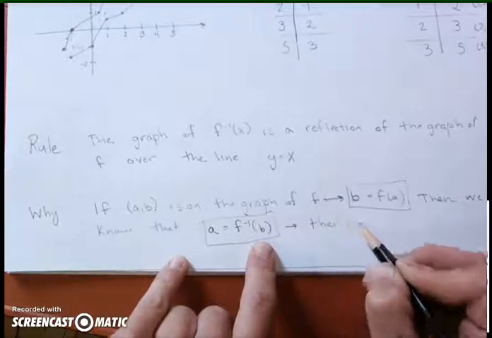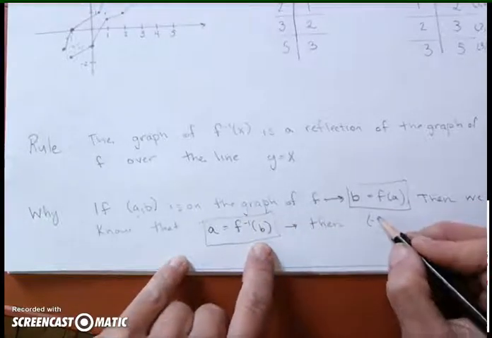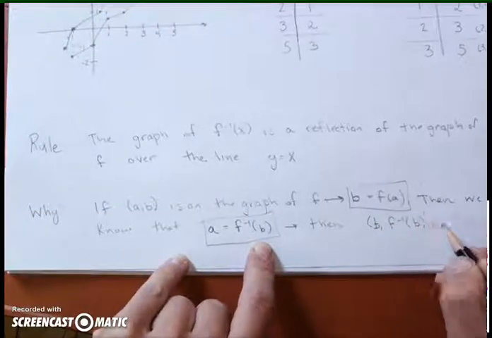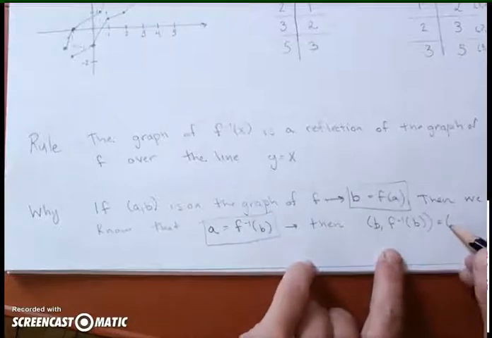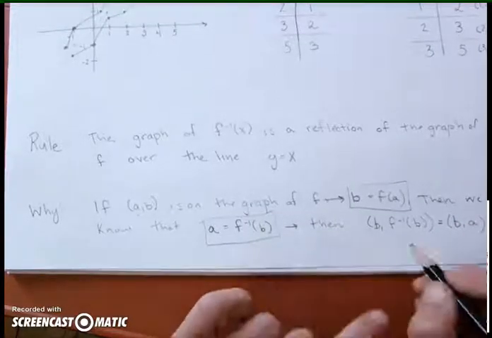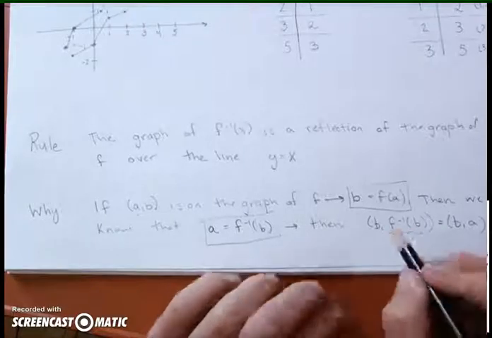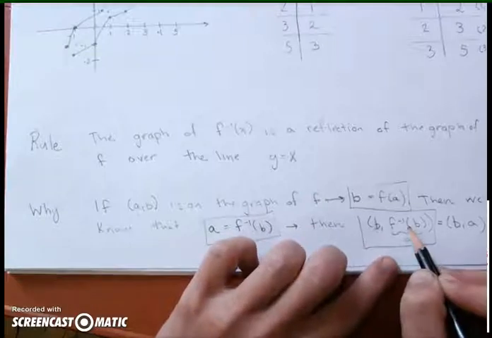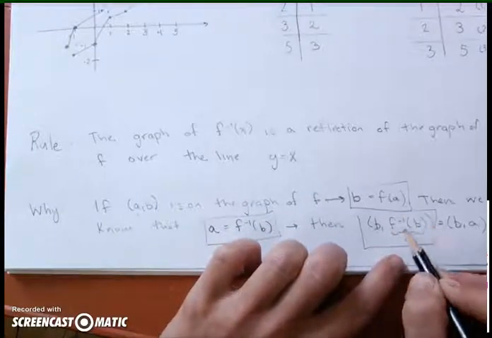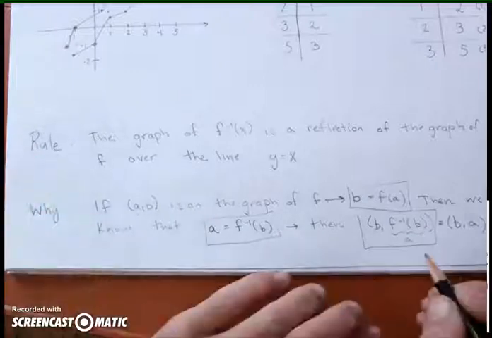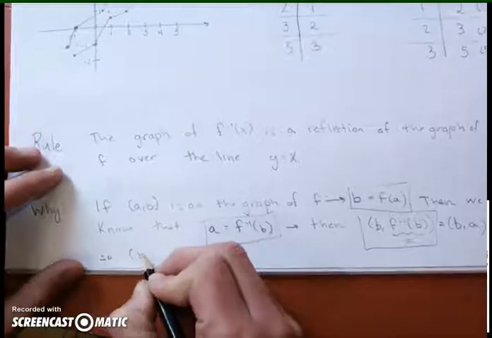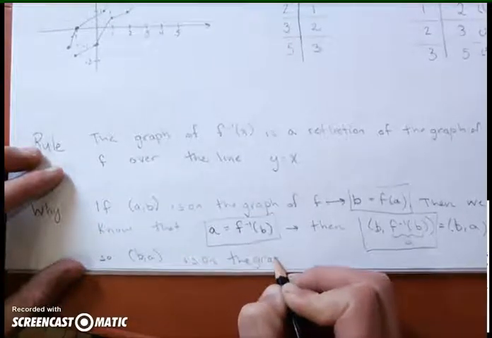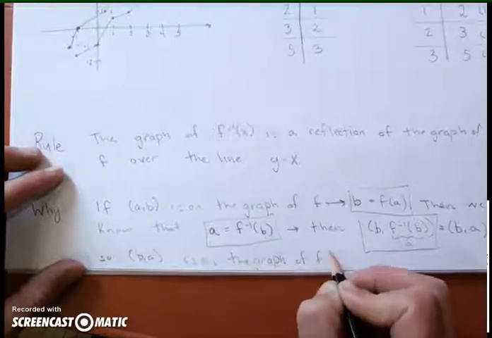So then b comma f inverse of b is equal to b comma a. If b is my x value, then f inverse of b is the y value on the graph associated to this x value. So then b comma a is on the graph of f inverse.